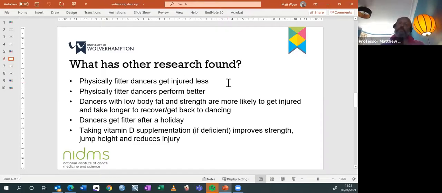And we saw an improvement within a week. We saw a 10% increase in muscle strength within 1 week, because it was rectifying a deficit. So vitamin D works within our muscle contraction. And so it was not the fact that they were weak, it was just that the muscles weren't working optimally.